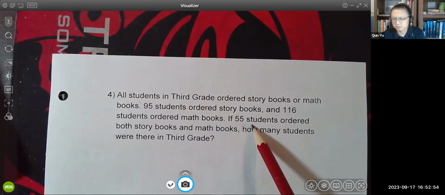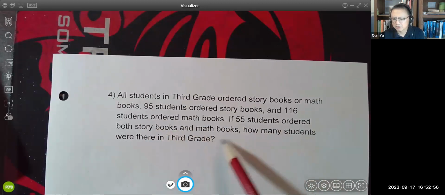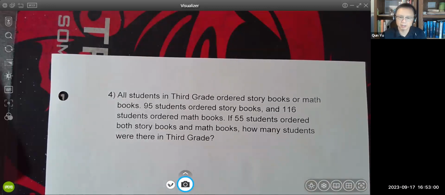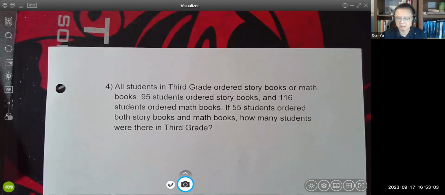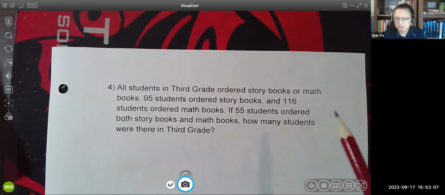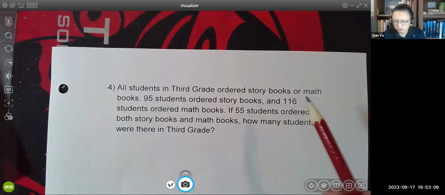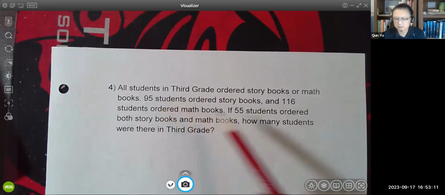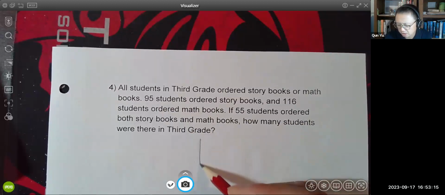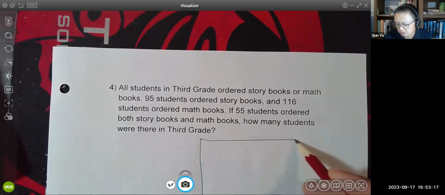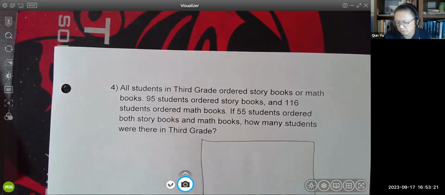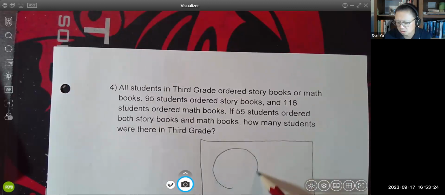If 55 students ordered both, how many students were there in 3rd grade? That means we are looking for the universal set, the total number of students, which was separated into different groups because of these two different kinds of books. So we still have two sets representing two different books, which separate the whole universal set into different groups.